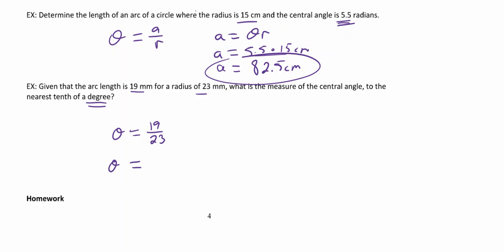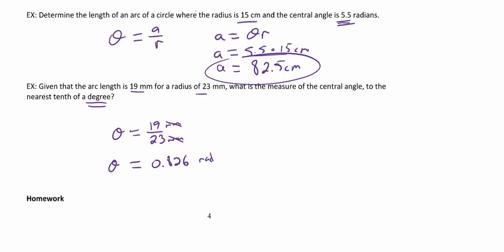So our angle is going to be 0.826. Even though this would have been millimeters and this would have been millimeters, there are no units. Quite often you'll see people just write down radians to remind ourselves that we're talking about an angle here, but either way, you can write it as radians or not.